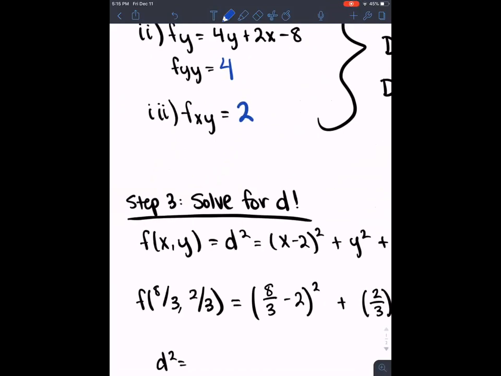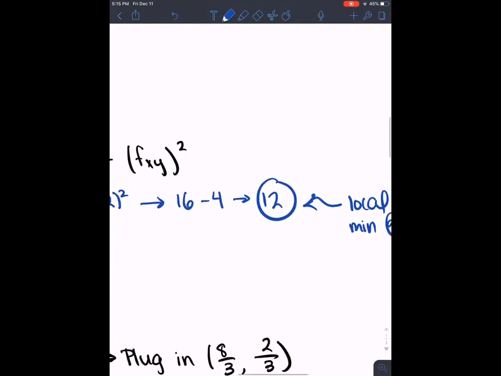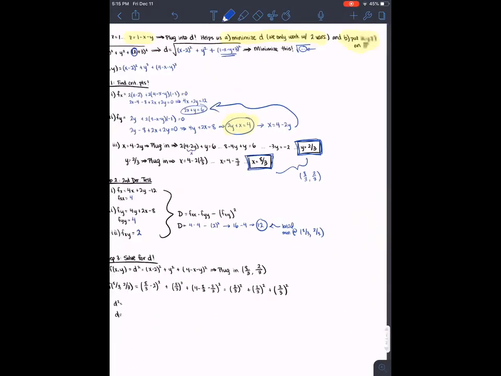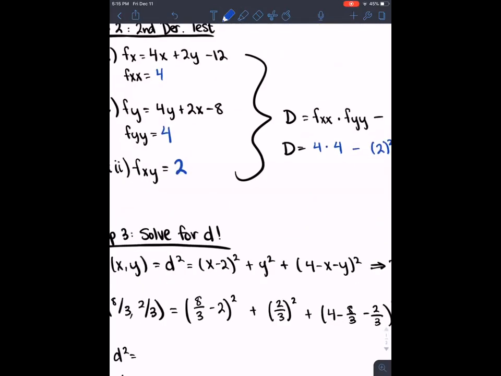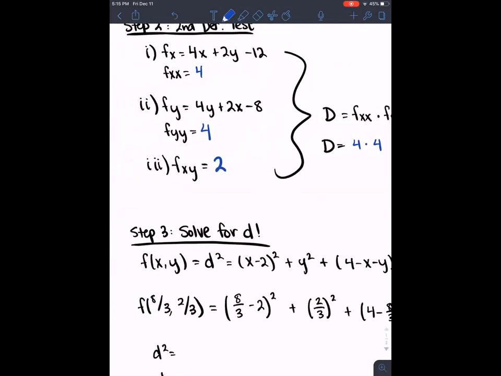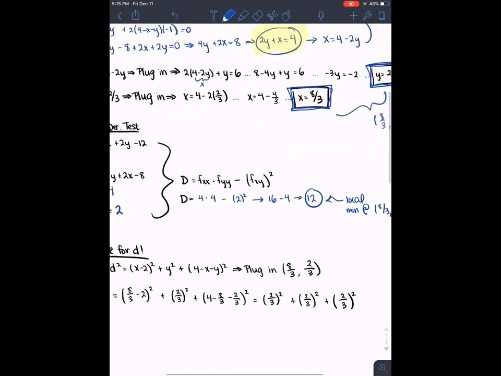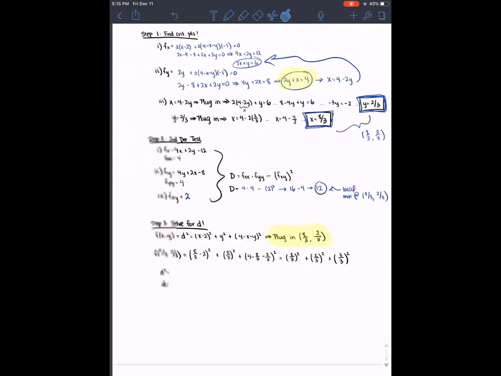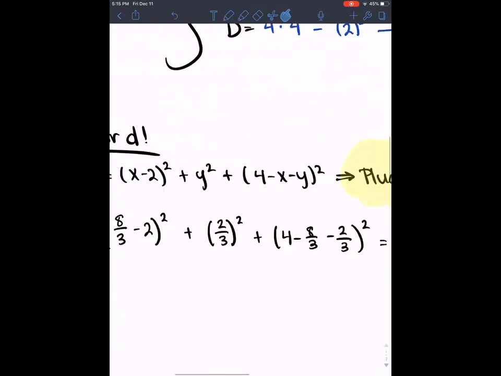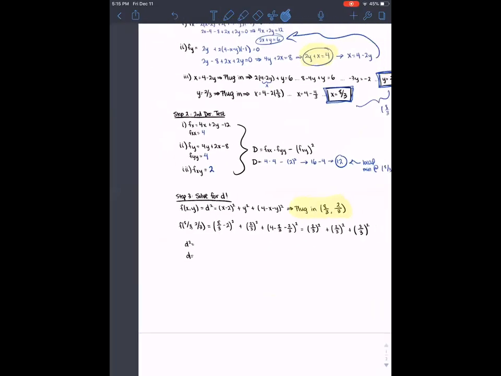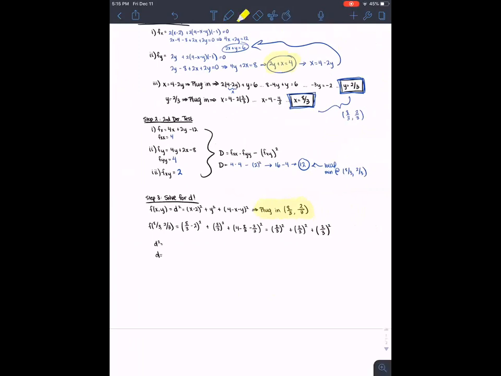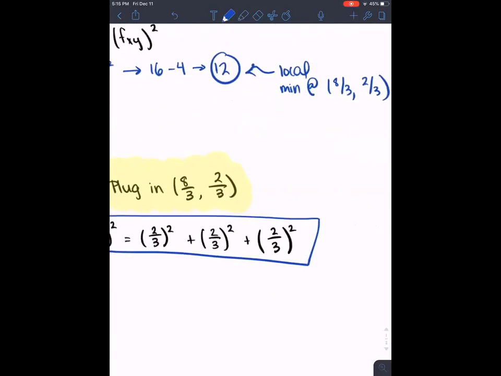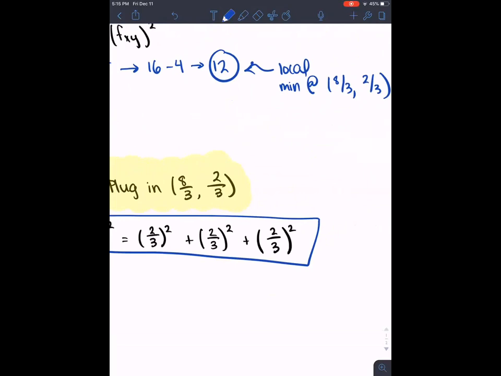Now that we know that this is a local min, we can solve for d. So what you want to do is plug both of these terms, 8/3 and 2/3, into your original distance equation that you had solved for two variables. I've rewritten that up here. I've just sped up the math process here, so I'm going to pause it and let you guys see. But just plugging in 8/3 and 2/3, you end up getting 2/3 squared plus 2/3 squared plus 2/3 squared.